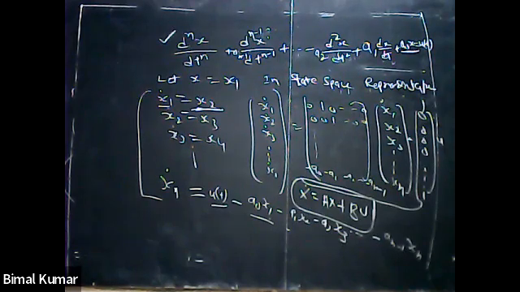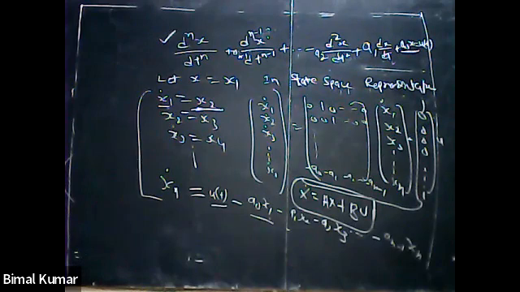Then x2 dot is d2x upon dt square, x3 dot is d3x upon dt cube, and so on. So what does this mean? The number of state equations is equal to the number of differentiations.